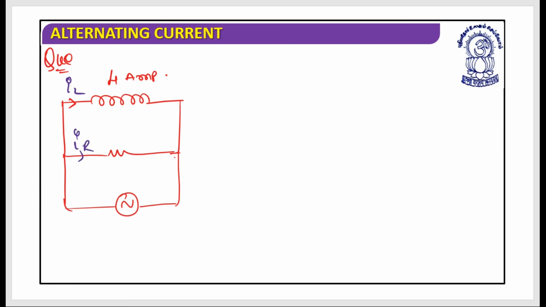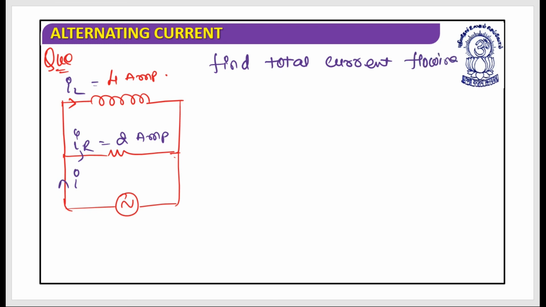They are assuming that IR is 2 ampere and IL is 4 ampere. So they will ask, find the total current flowing through the circuit. How will you do this?